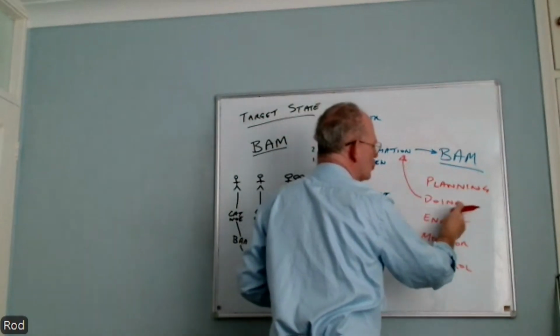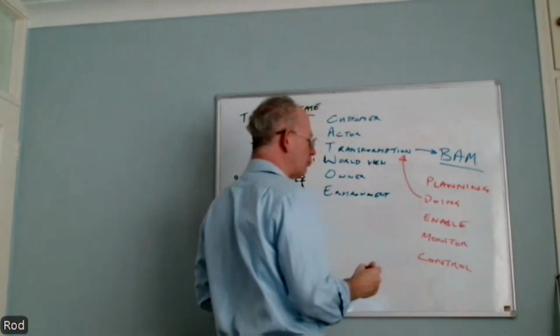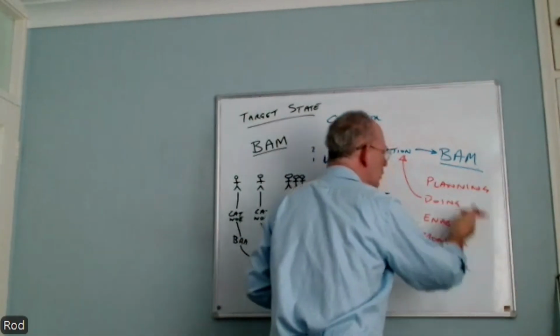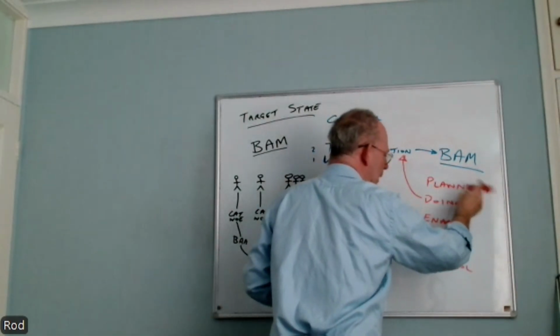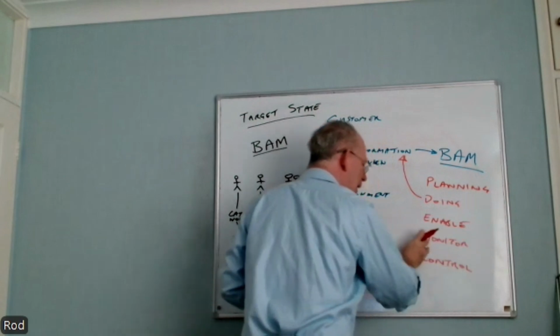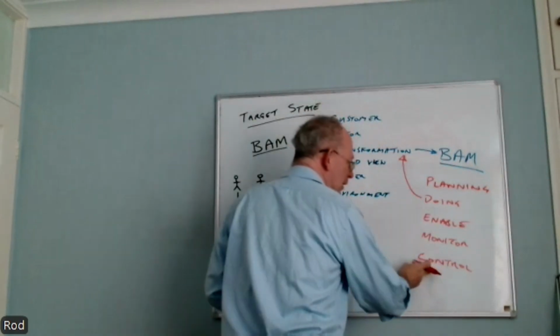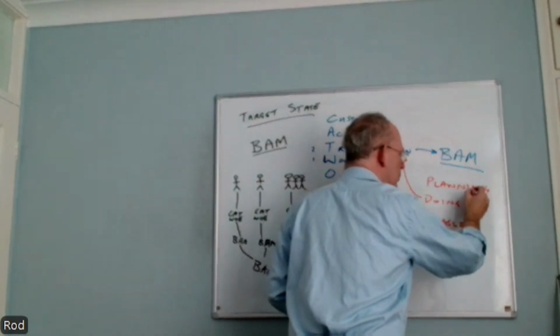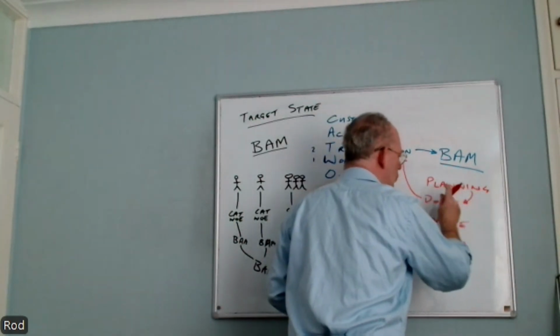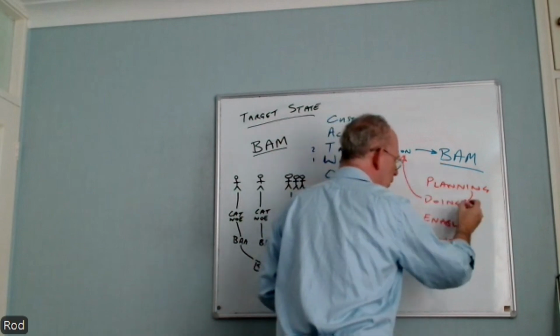Enabling is the stuff we need to do to make the doing happen. Then we monitor. We planned in our planning what the monitoring is going to be, then we actually monitor to see: did it work? If it didn't work, we fix it. So plannings lead into doings, although you start with your doings when you draw the picture.